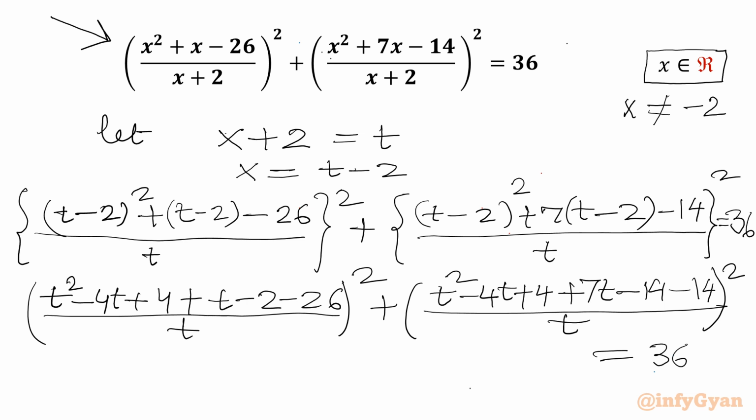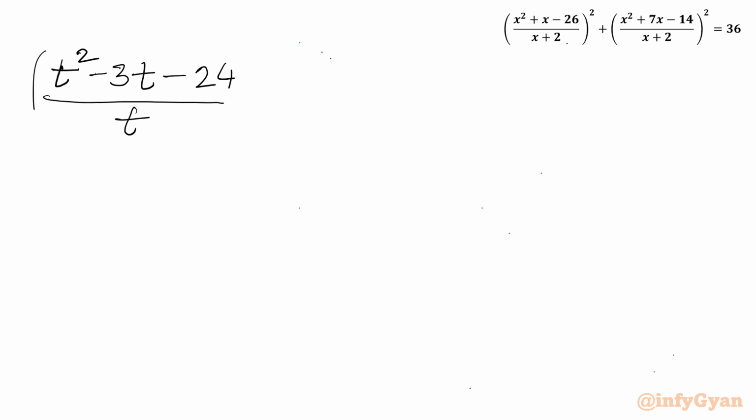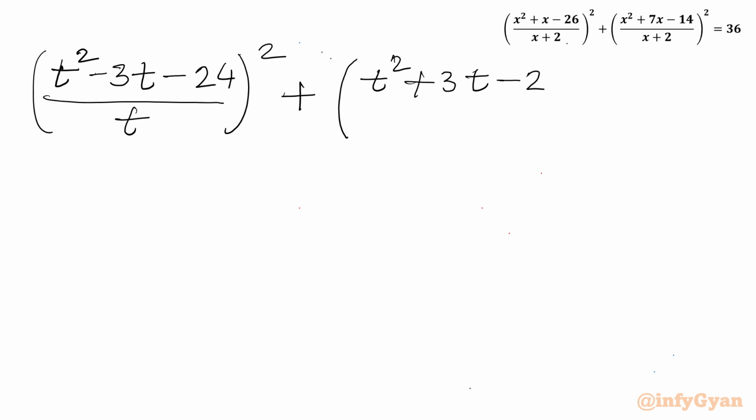So once I simplify, I will be getting t² − 3t and then −24. It will be −28 plus 4 is −24. After simplification, we will be having (t² − 3t − 24)/t² plus, in the second bracket, (t² + 3t − 24)/t², RHS will be 36.